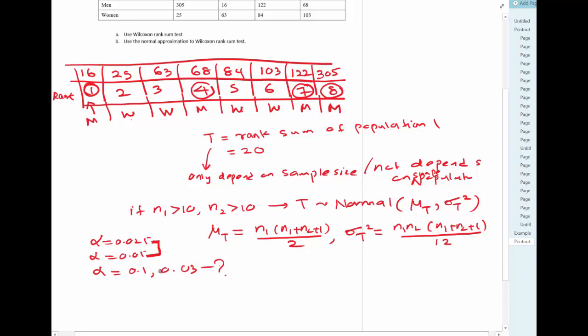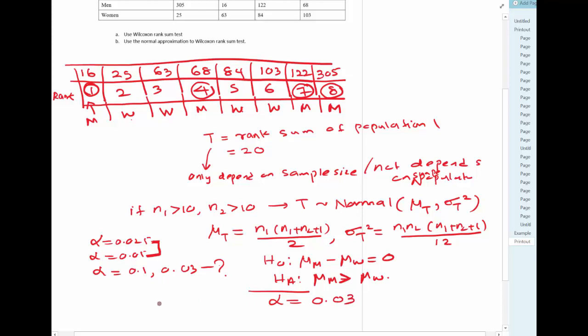So let's write down our hypotheses again. My H naught is mu men minus mu women is 0. HA is mu men is more than mu women. Now let's say my alpha is 0.03.